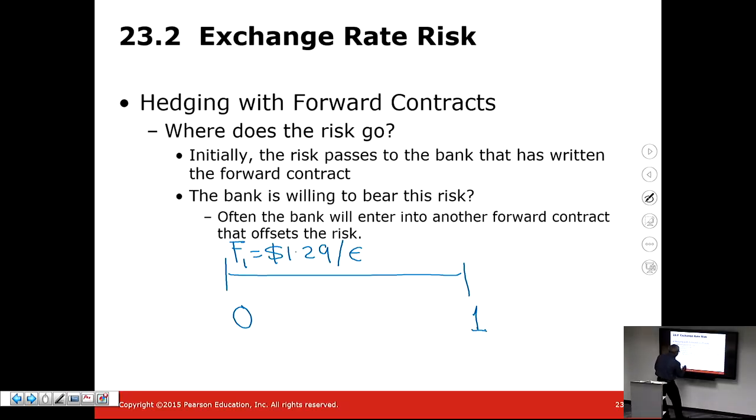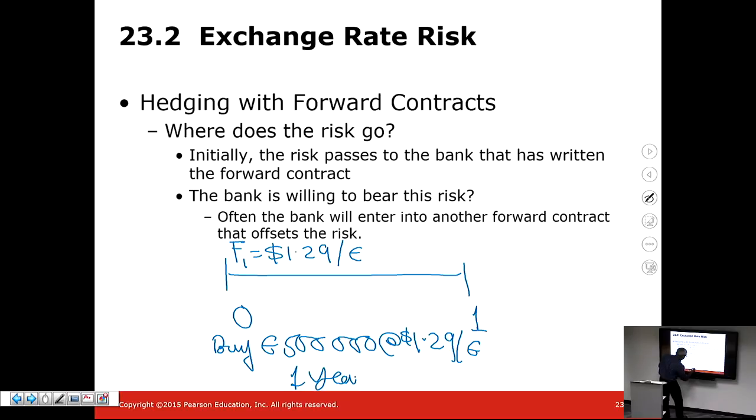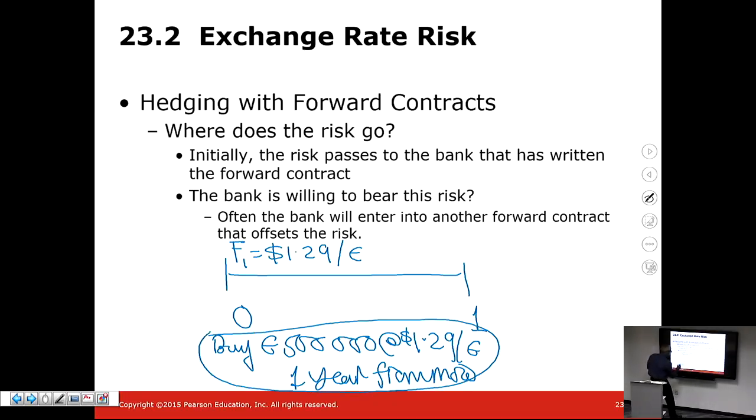So the forward contract is, today you agree to buy 500,000 euros at $129 per euro 1 year from now. That's the transaction that is entered into at time zero today.